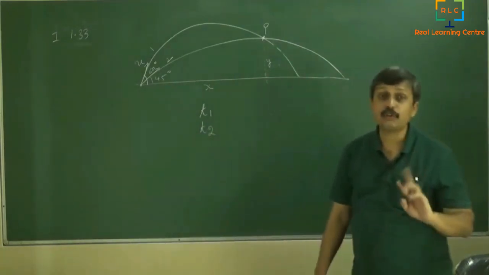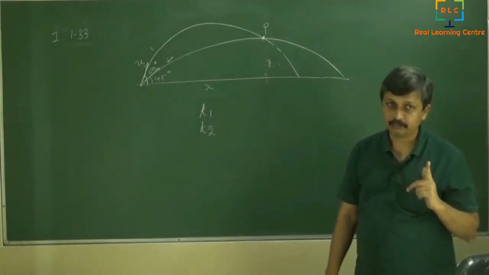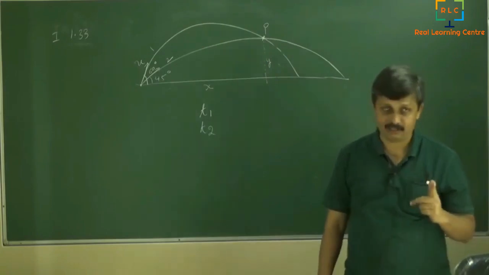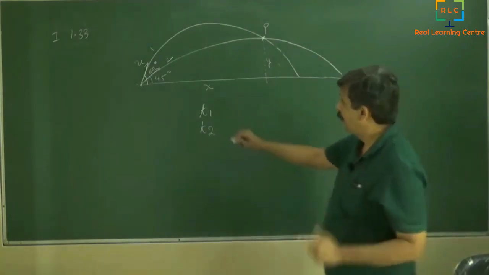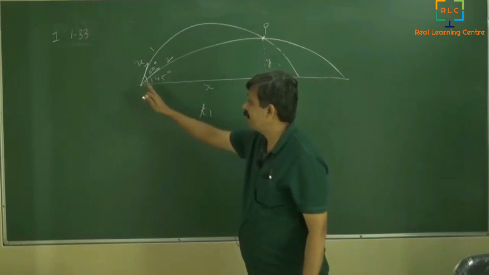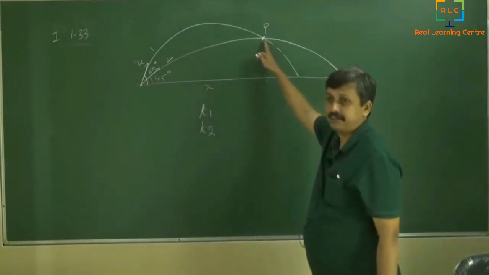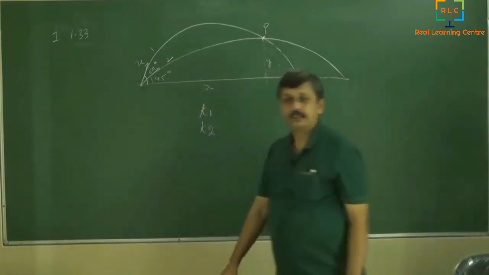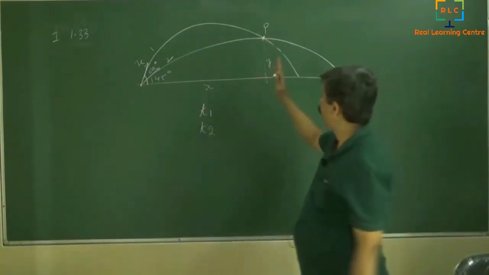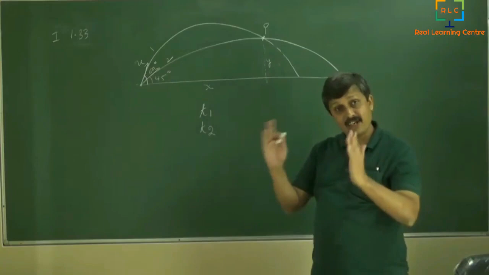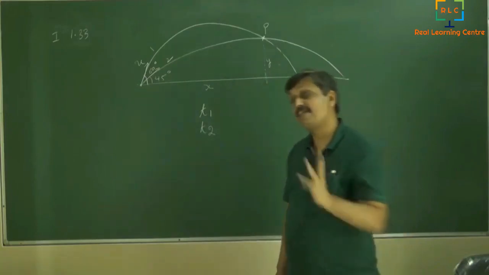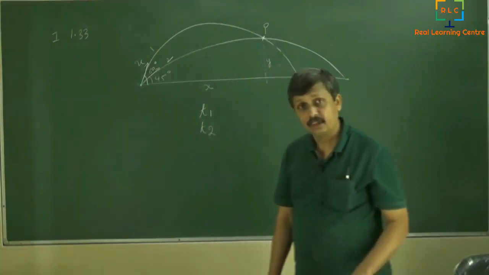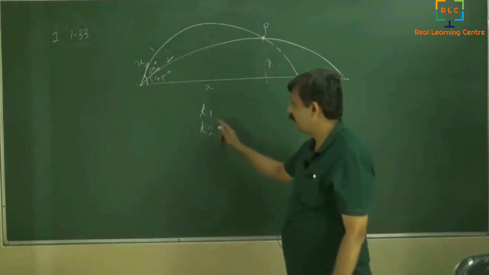Naturally, T2 will be less than T1, otherwise it will never work, because T2 is the time taken by the second firing to reach this point from the point at which it is fired. It has to reach very fast because the first one was already fired.